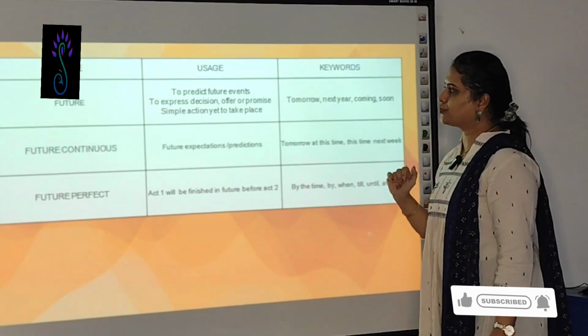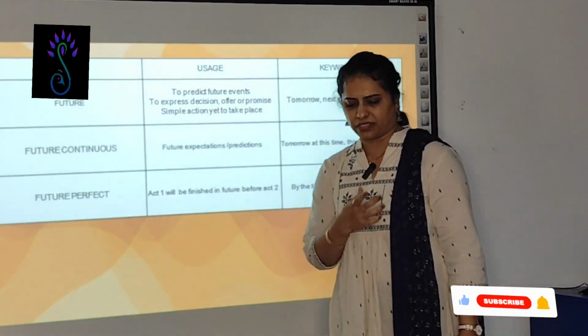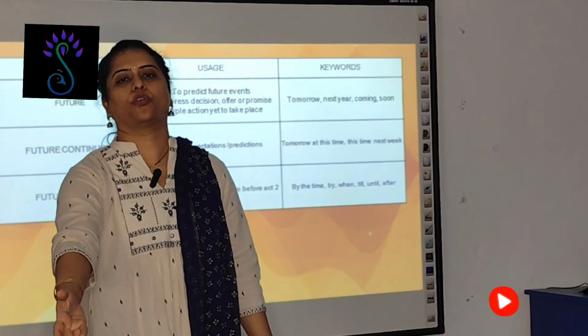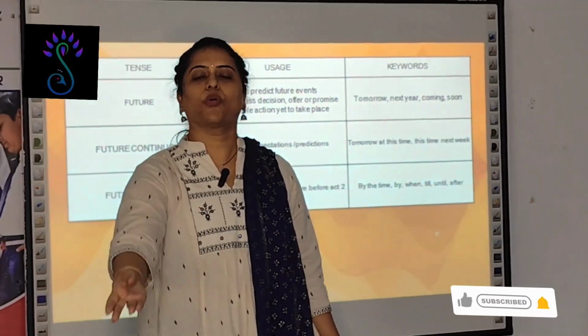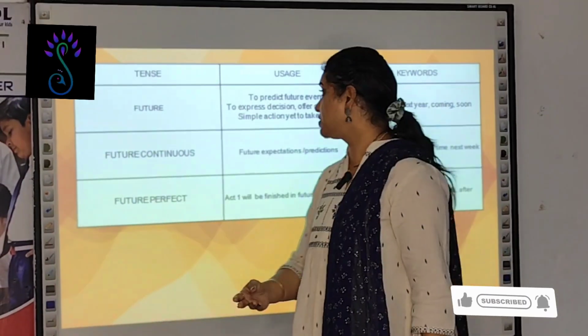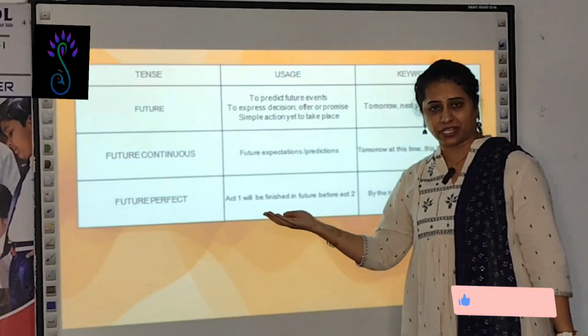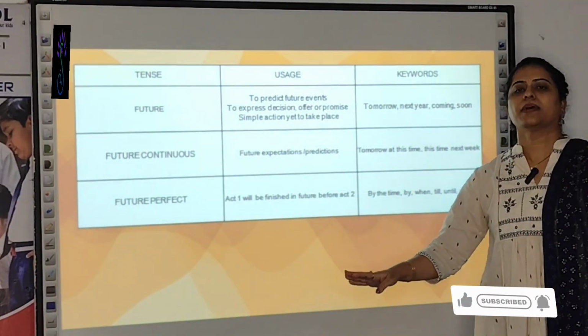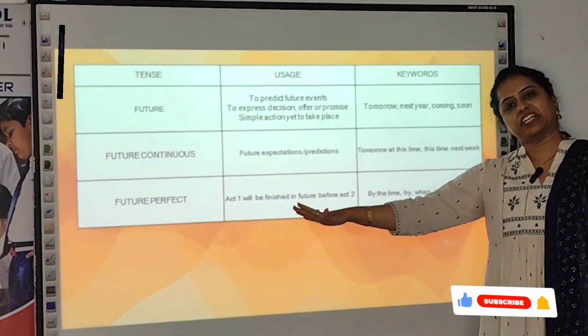Next, coming to future predictions. I will go to temple tomorrow. Repu, tomorrow. So prediction, you are saying that to express decision. I will assure you that I'll finish this work by tomorrow evening.